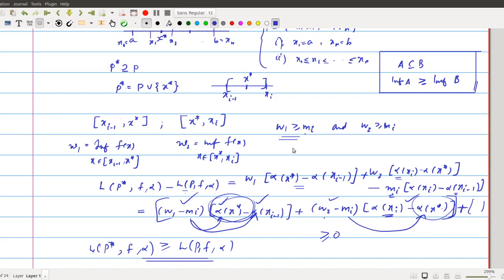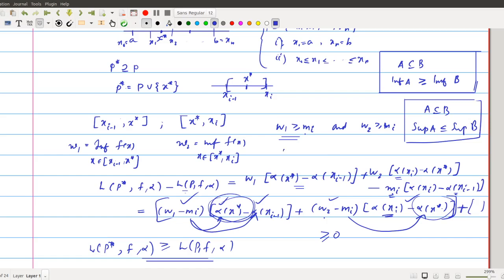Now you use the property of the supremum: if A is a subset of B, then the supremum of A is always less than or equal to the supremum of B. Using this fact you can easily prove that the upper sum gets reduced.